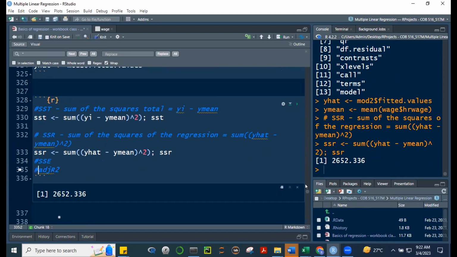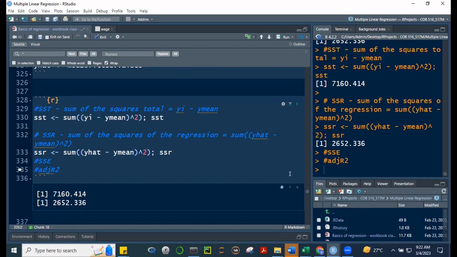So I'll run this. Okay, so I now have our SST and SSR. Sum of the squares of your total and sum of the squares of your regression. Okay, let me pause. And then kindly chat, please, if you were able to get it.